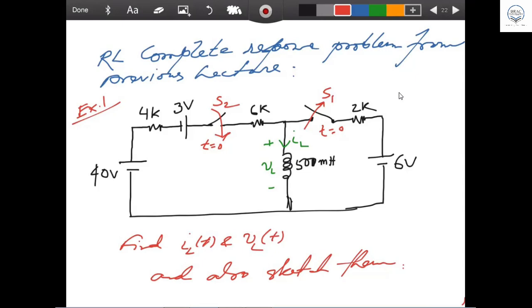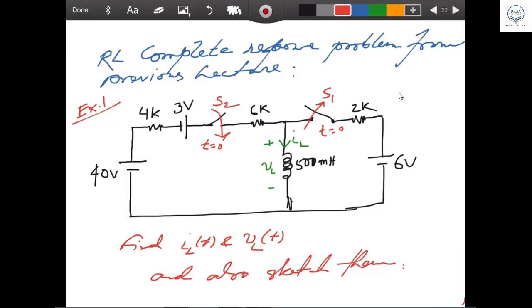First of all, I assume you already copied. Now let us see how to solve the problem. If you read the question, it is shown that there are 2 switches, S1 and S2. The switching action, you don't need to explain, you can easily understand.